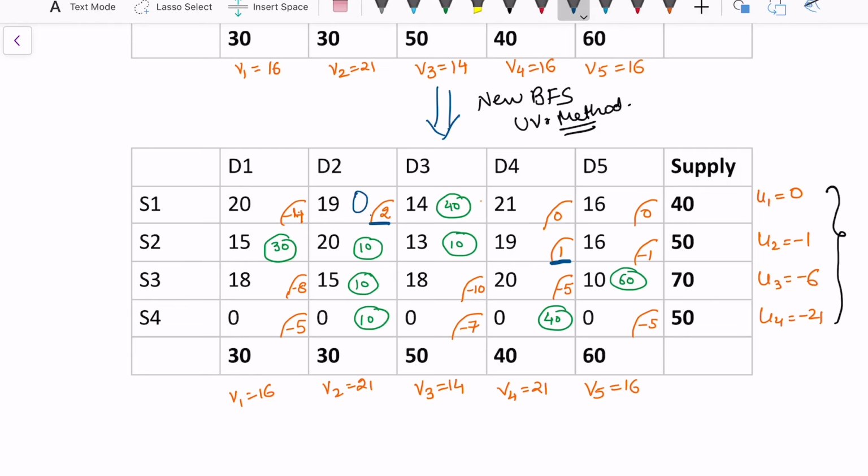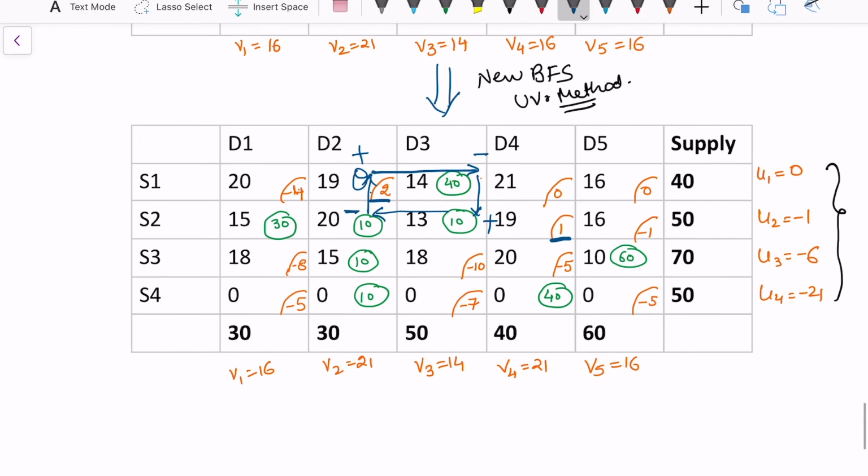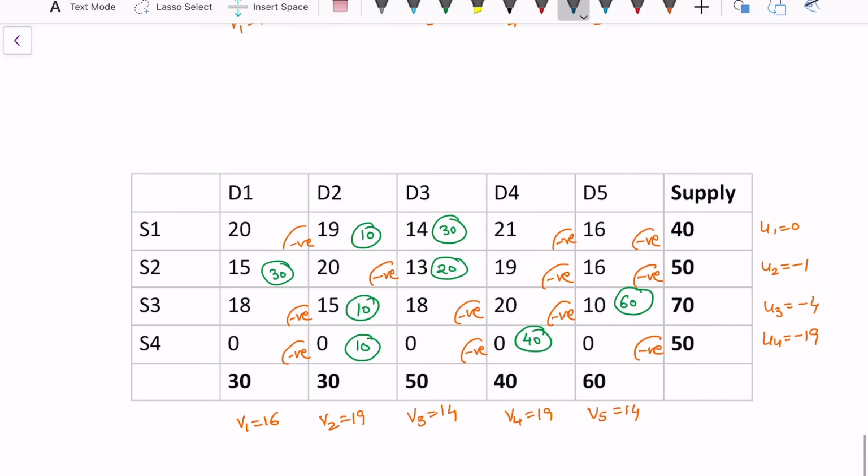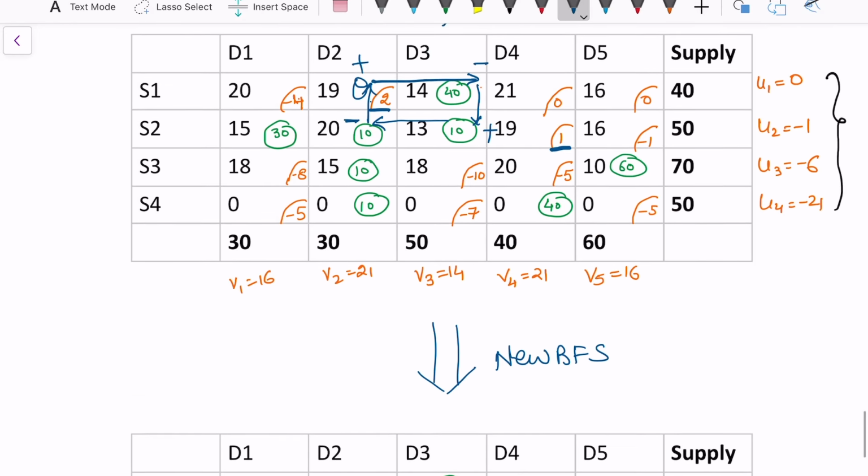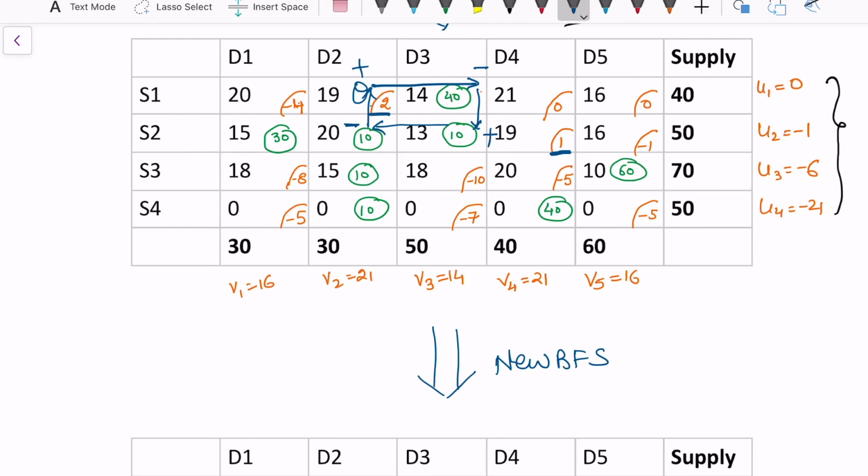So I put a theta here, and then I find a loop. This is the nearest loop towards the basic cell. This is plus, minus, and then we form the new table as this one. So that's the new BFS. In the previous case, theta is the minimum of 10 and 40.